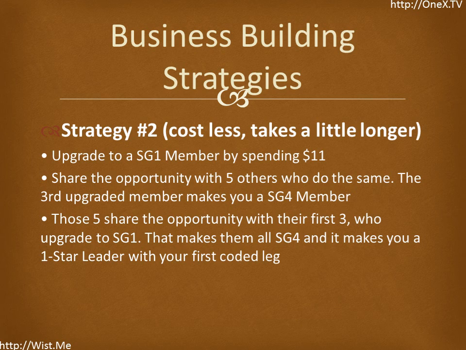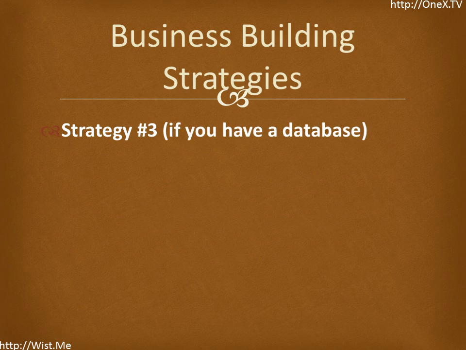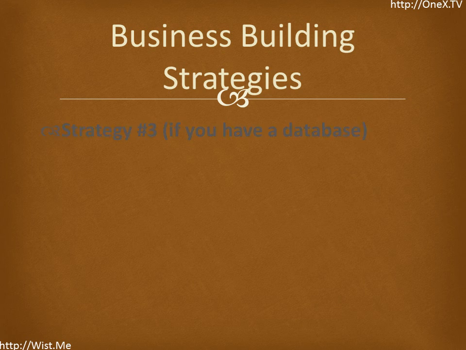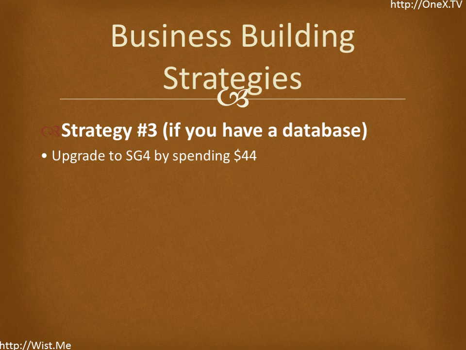Now, when they do that, then the third member who upgrades will make you a Stargate 4 member. Okay, so you pay 11, you ask 5 to pay 11, and when the third one of these 5 pays his 11, you will become a Stargate 4 member.